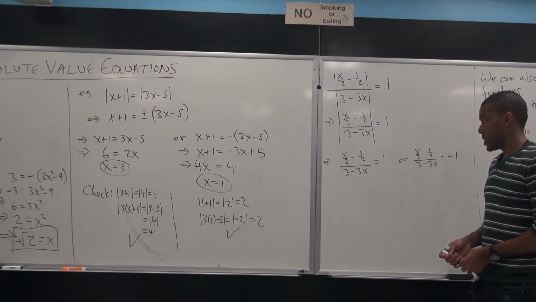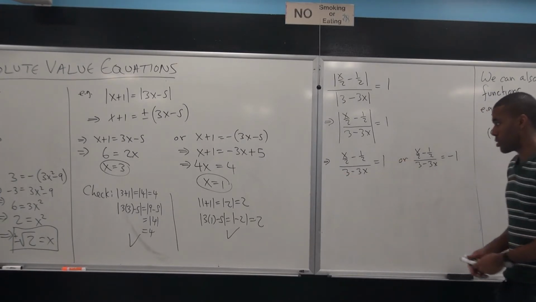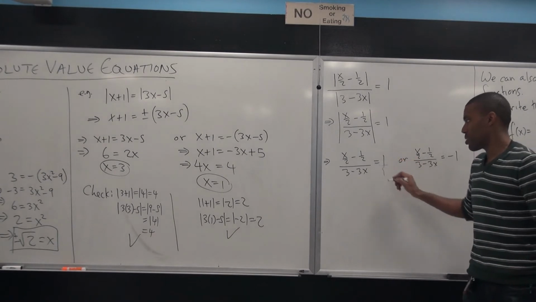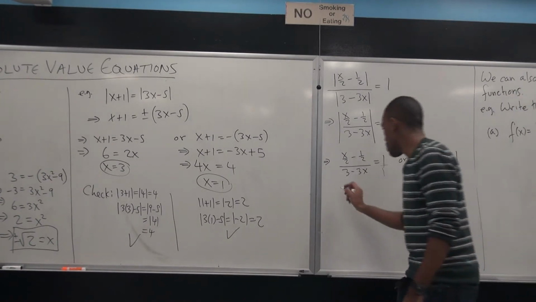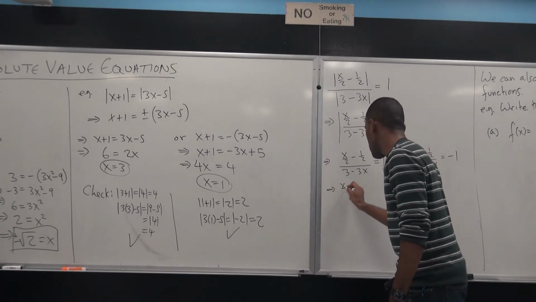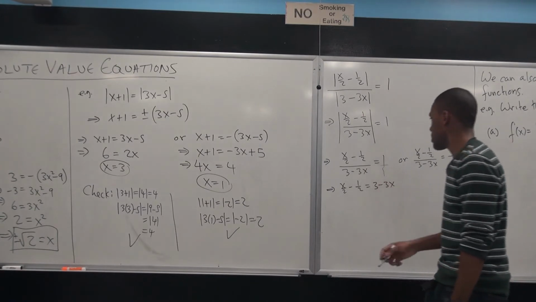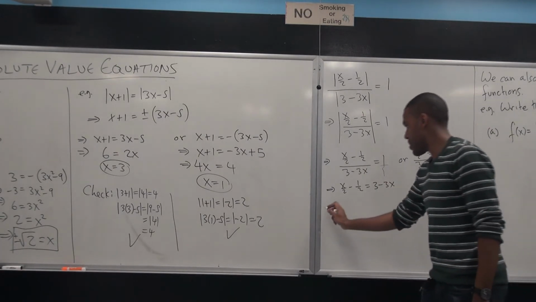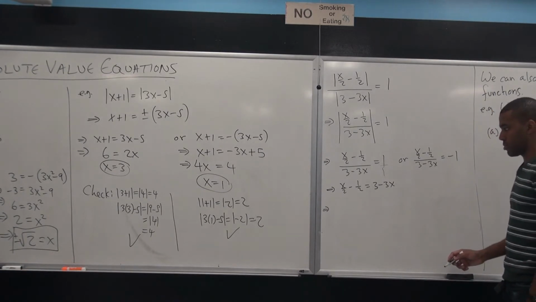Multiply by 1. Right? You can take this and move it to the other side. Just multiply both sides by 1. Or some people like to think of the cross multiplication. Right? 1 over 1 you cross multiply. So this gives you x over 2 minus a half equals 3 minus 3x. And now what? Multiply everything by 2.